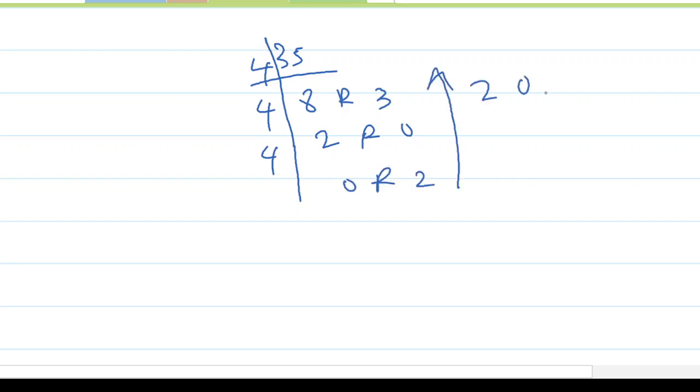Then I have 203 when you write it backwards. Then it means my 120, that is a number in base 5, is equivalent to 203 base 4.